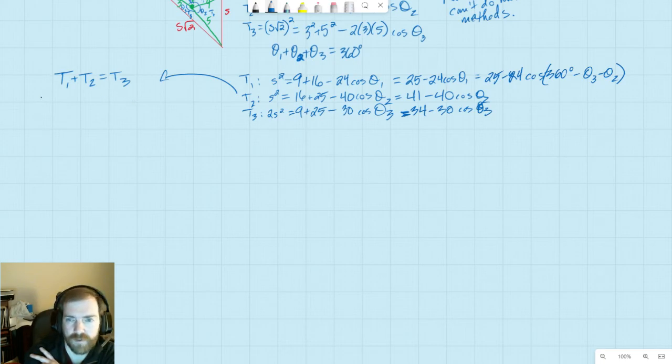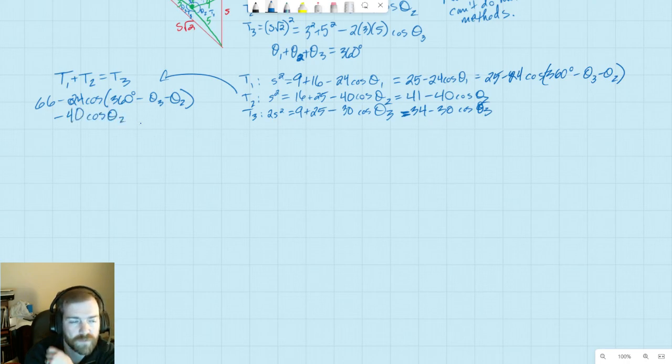So that's 25 and 41 is 66, minus 24 cosine of (360 minus theta 3 minus theta 2), minus 40 cosine theta 2, that's going to be equal to 34 minus 30 cosine theta 3.